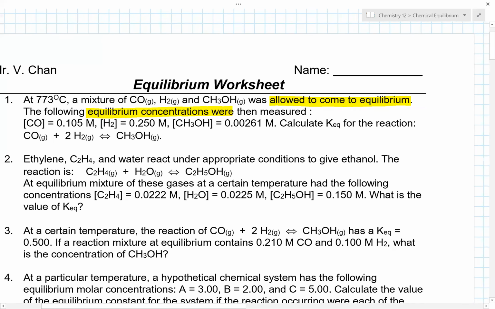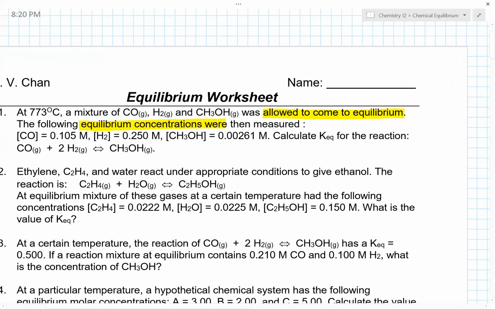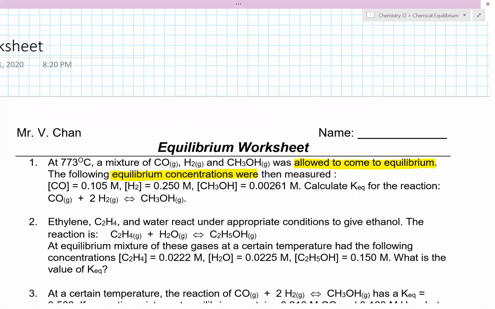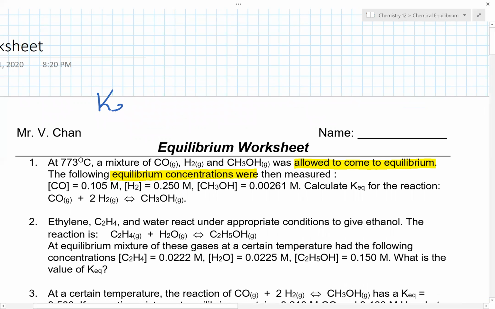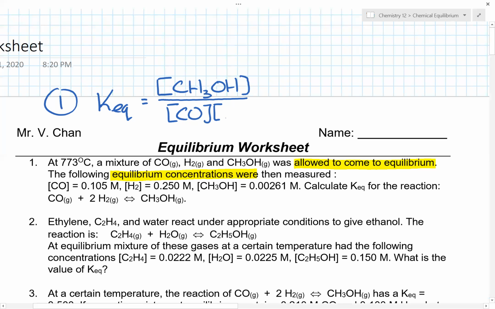So in this case, if I were to do this question, I would say, okay, KEQ, I'll call this number 1. You have the concentration of CH3OH all over the concentration of CO times the concentration of H2 all squared.